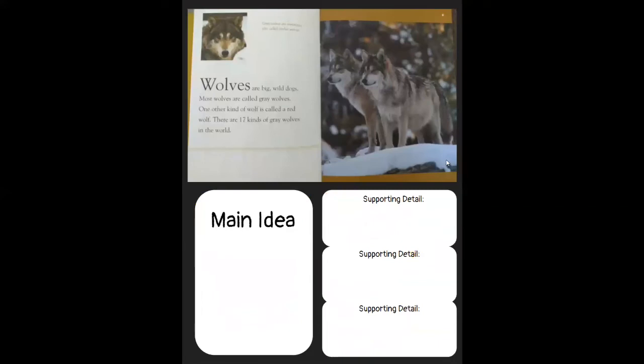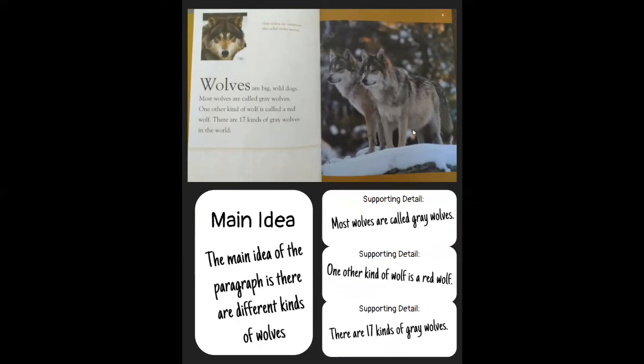Let's look at another one. Wolves are big, wild dogs. Most wolves are called gray wolves. One other kind of wolf is called a red wolf. There are 17 kinds of gray wolves in the world. Well, that's a lot of information about all these different kinds of wolves. So what do you think the main idea is? And what details support it? Let's take a look again. The main idea of the paragraph is there are different kinds of wolves. And here's what points to that.